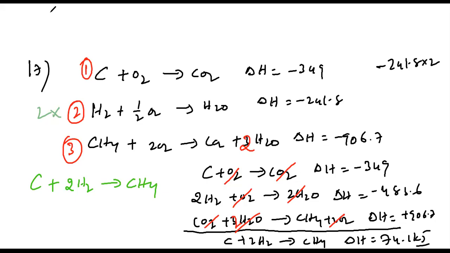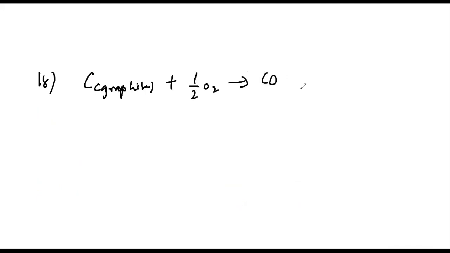Next question, students. Question number 18. They have given two equations. Combustion of carbon: C plus half O2 gives rise to CO, delta H is minus 110.5 kilojoules.